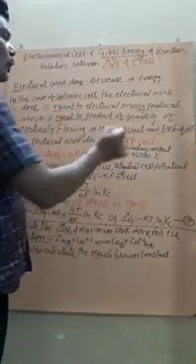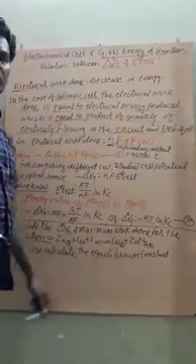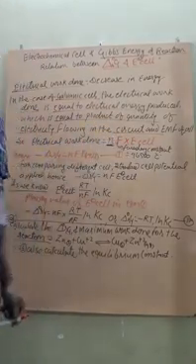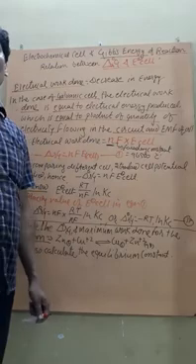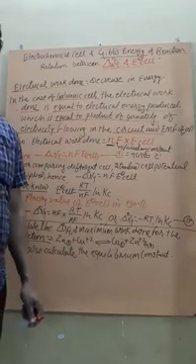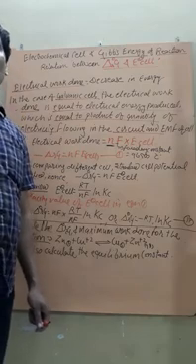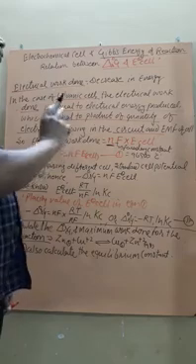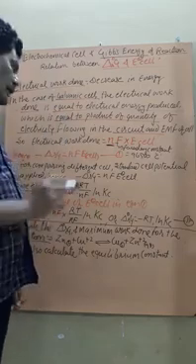How do we obtain the Faraday constant? It is the total charge produced by 1 mole of electrons. Are you getting it?